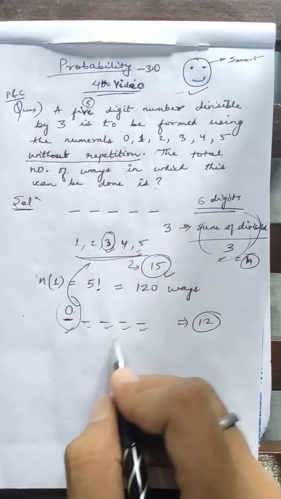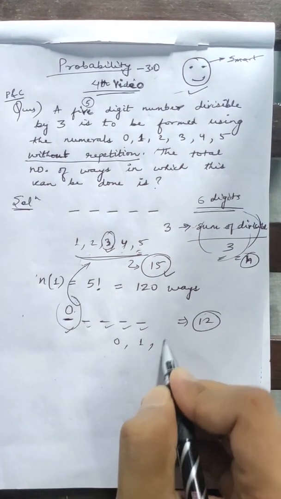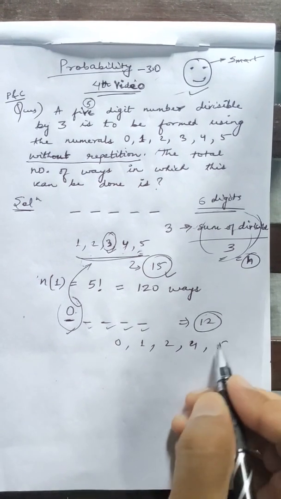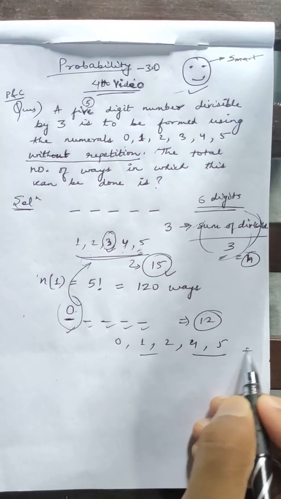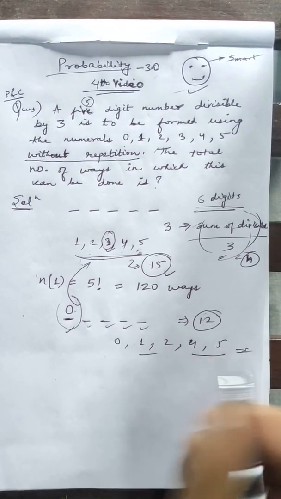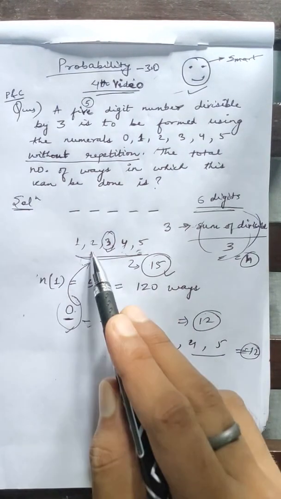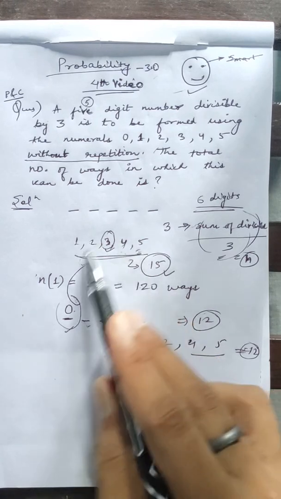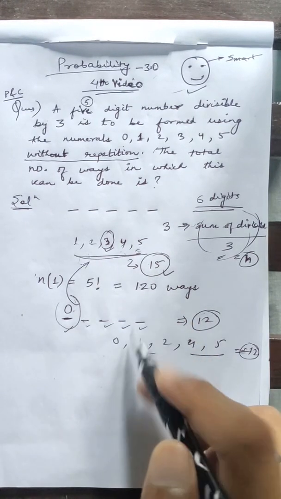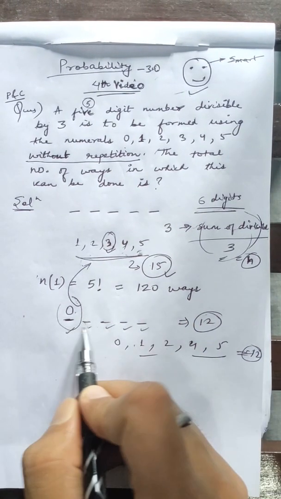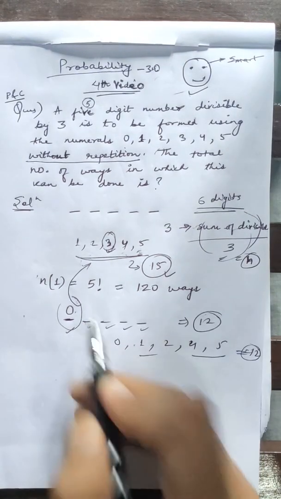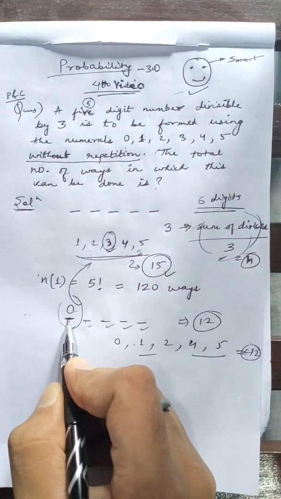How? See, if you put 0, 1, 2, 4 and 5, this is 5, 4, 9, this is equal to 12. And if you don't remove 3, if you remove any other number, then the sum is not divisible by 3. You can check yourself. So we have to remove 3 and we have to put 0, but 0 cannot be put on the first place.